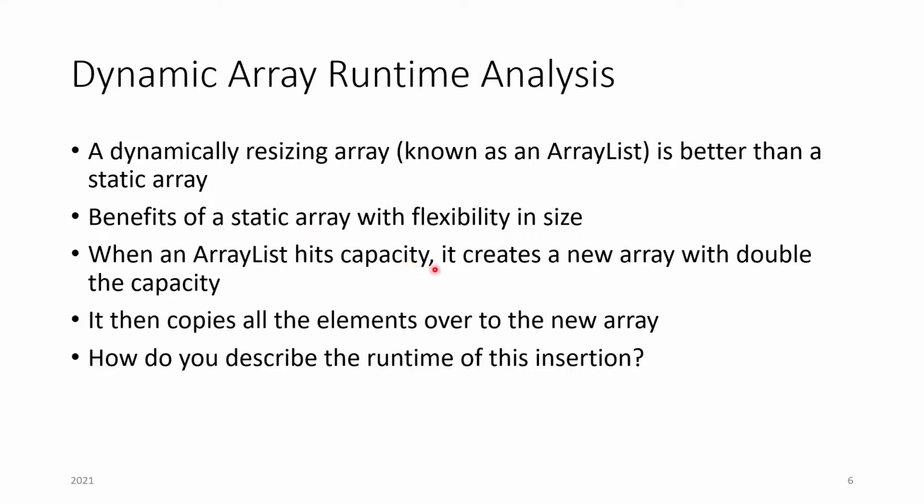So for this particular instance, let's say the array list hits capacity and it needs to add another item. It's going to create a new array with double the capacity, and copy all the elements from the first array list into the new array list. We want to be thinking, how do we describe the runtime of this insertion that actually occurs? That's what we're going to be observing here.